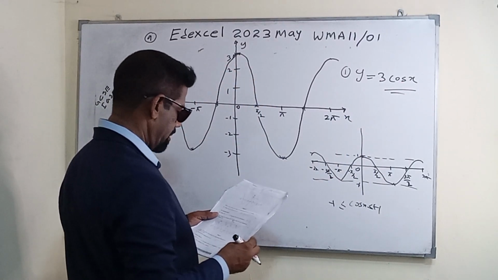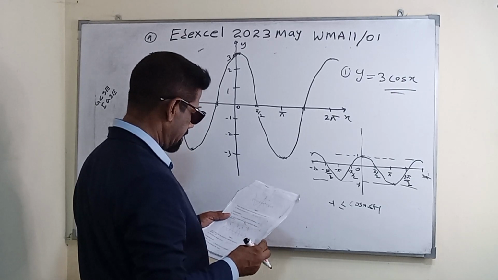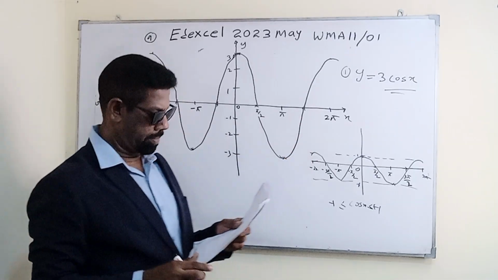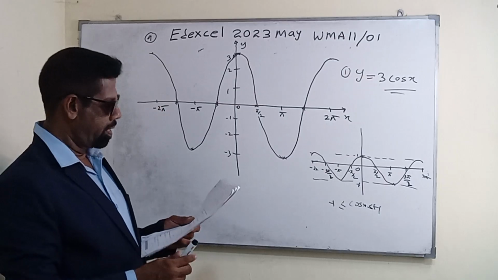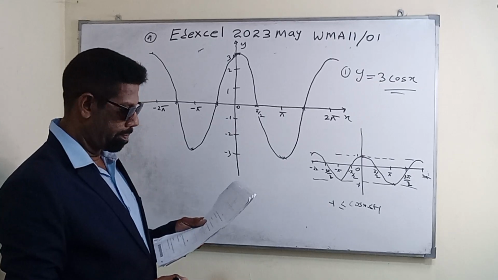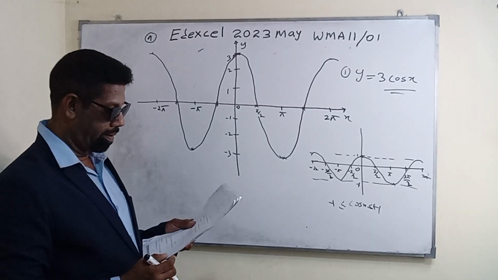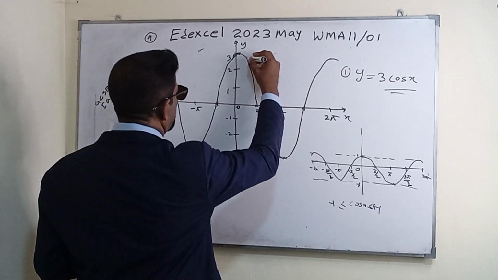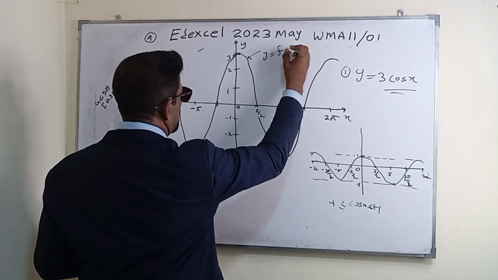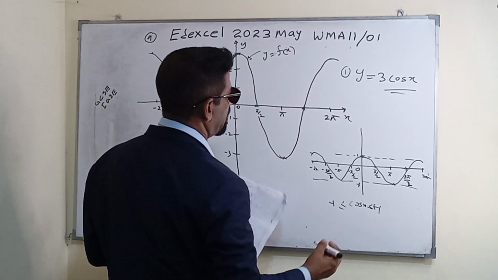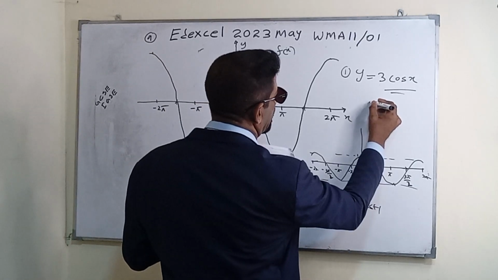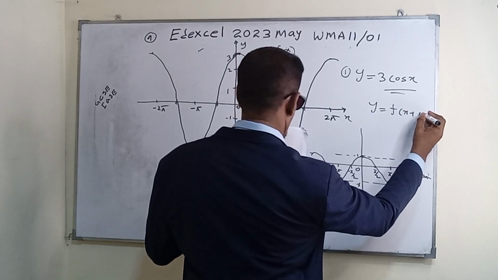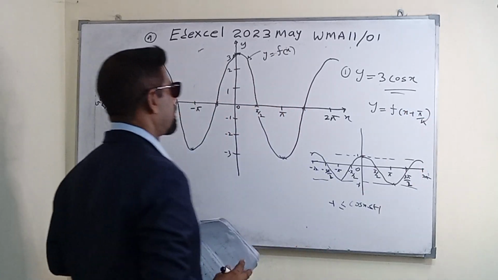Fine. Then, after that, sketch the graph from minus 2 pi to plus 2 pi. The graph y equals f(x plus 5 over 4). The graph y equals f(x) was already given. What is the equation? y equals f(x plus 5 over 4).